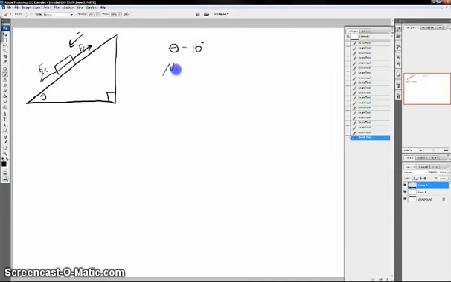The coefficient of static friction that's keeping the block from moving down the ramp is 0.35. The maximum acceleration is what we're after. We're trying to figure out, for the car that's moving up this ramp, what is the maximum amount of acceleration that it can have without the tires slipping.